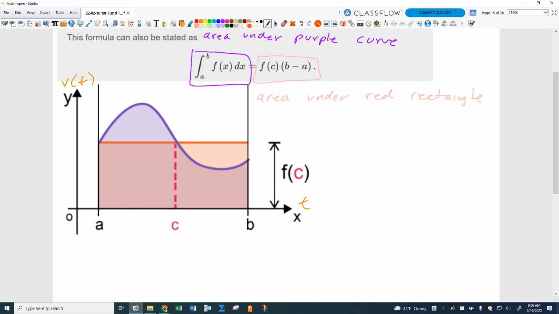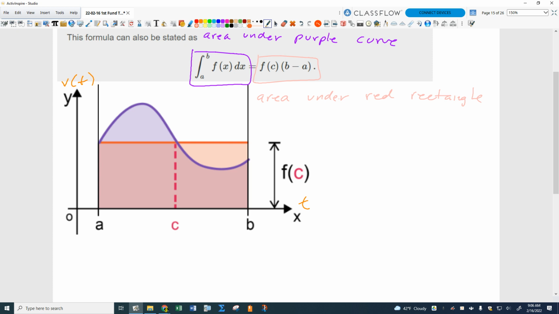And whatever the height of that is, we're going to call that f of c, right? So the area of the red rectangle is just the height f of c times the width b minus a, right? Make sense? Okay.